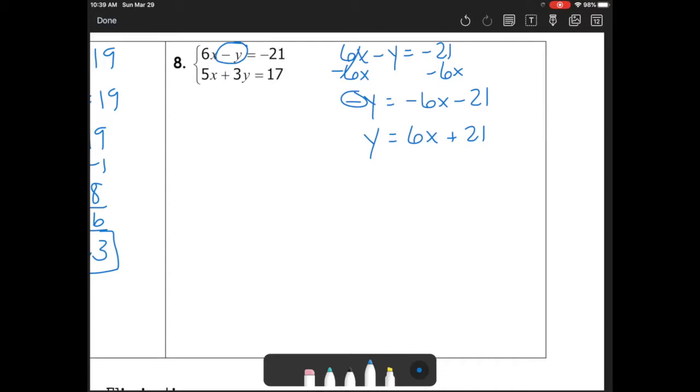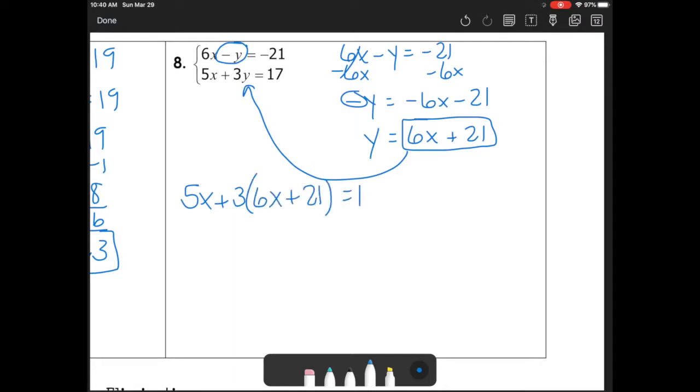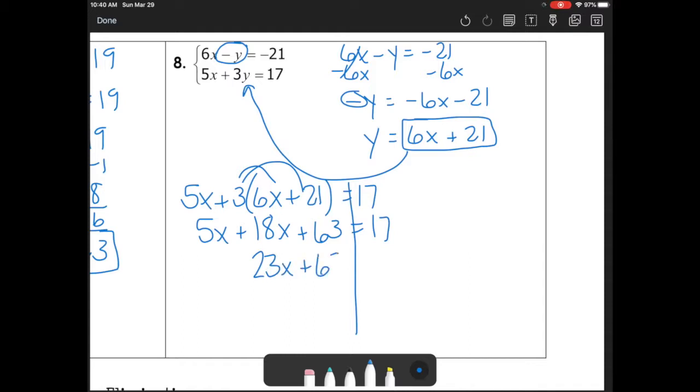So now that I know what y is, I'm going to go to the second equation and substitute this in right here. So 5x plus 3 times 6x plus 21, and then solve it. 17 minus 63, no idea.